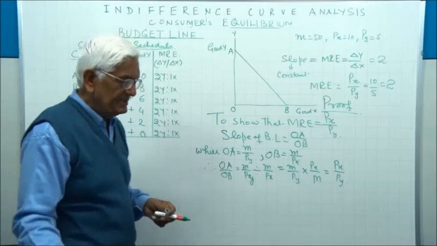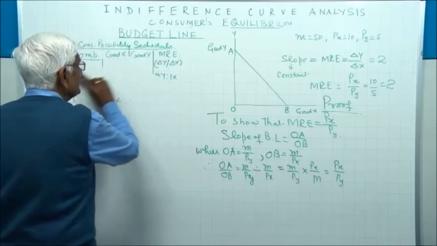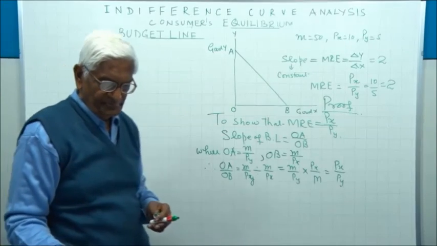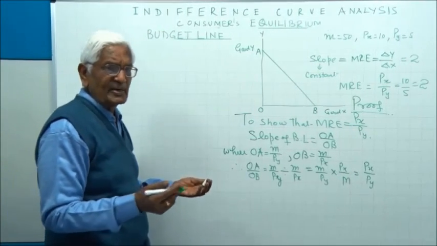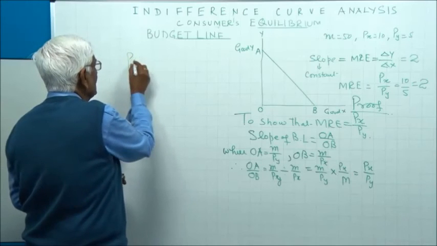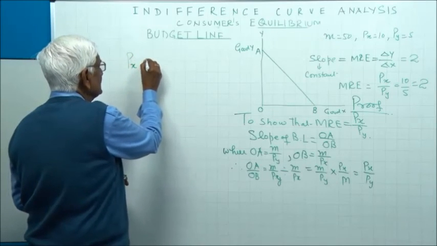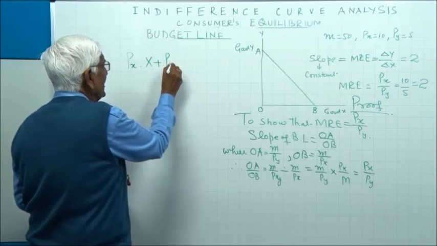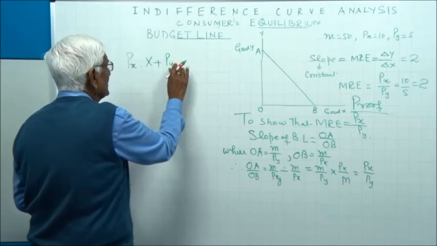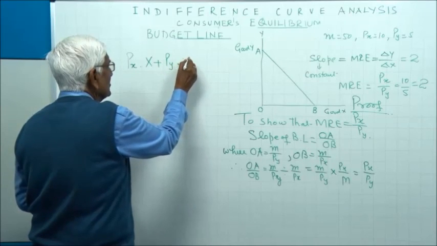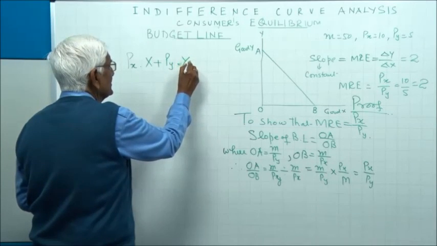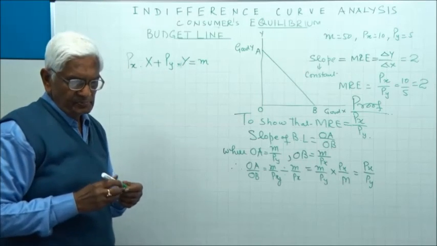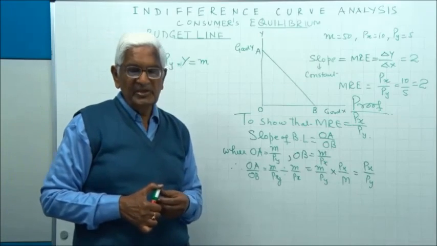We can represent this budget line in the form of an equation, which is a very simple equation. Px into x plus Py into y is equal to M. This is the equation of the budget line.